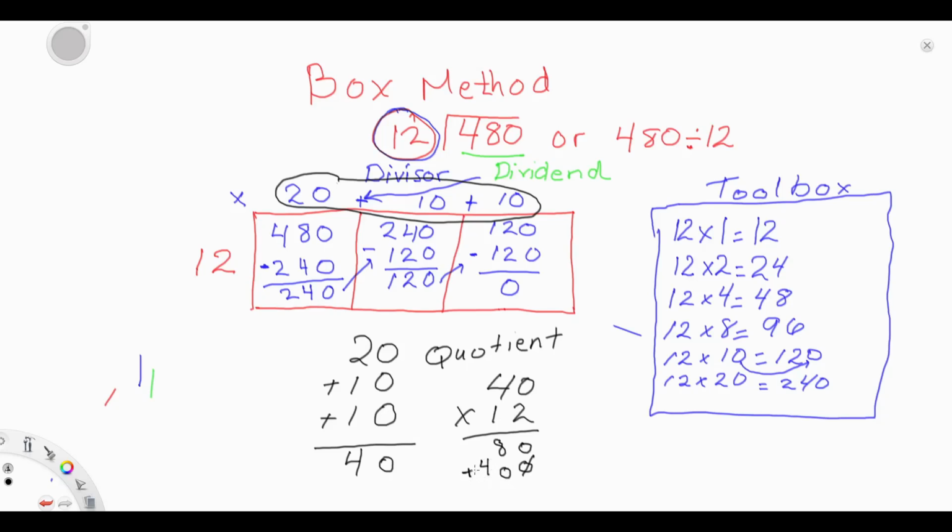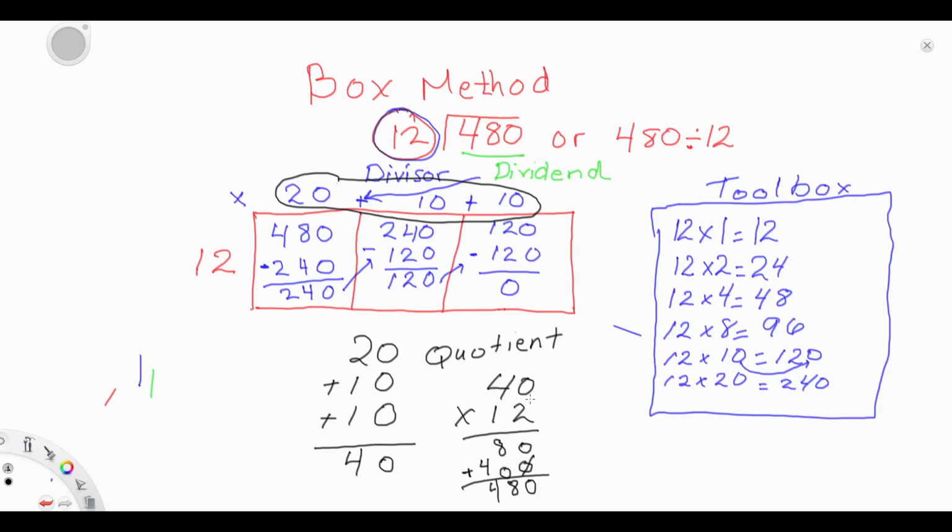Now I can add. 0 plus 0, 0. 8 plus 0 is 8. 4 plus nothing is 4. So that gives me a product of 480. So that matches my dividend. That means that my answer is correct.